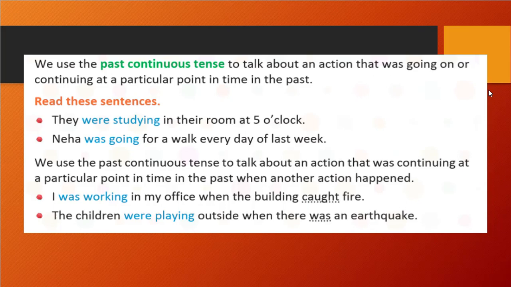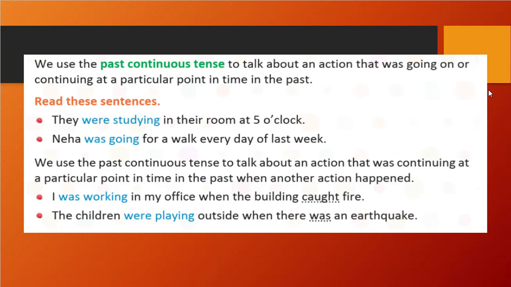Neha in the past was walking. Suppose yesterday we are talking. Yesterday, suppose at this time Neha is walking. So what we will say, Neha was going for a walk every day of last week. So was going we will use. So let's see further that we use the past continuous tense to talk about an action that was continuing at a particular point in time in the past when another action happened, right?